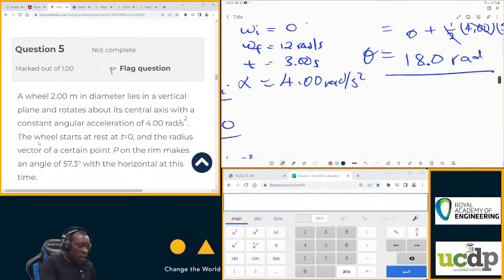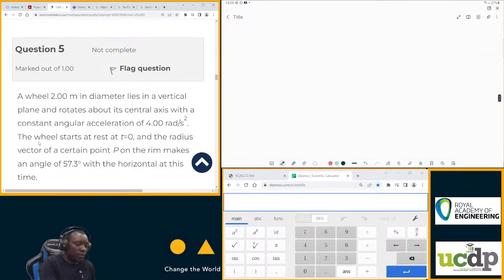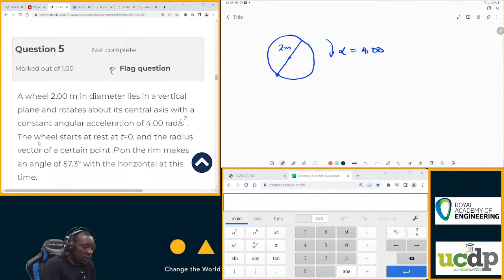So now a different one, question 5. With question 5, a wheel 2 meters in diameter lies in a vertical plane and rotates about its central axis with a constant angular acceleration of 4 radians per second squared.